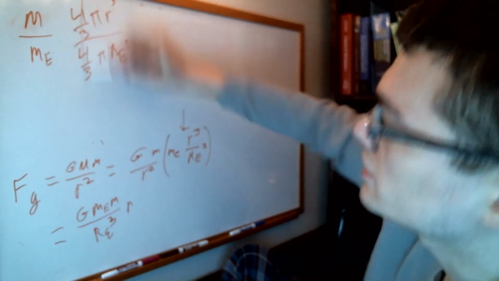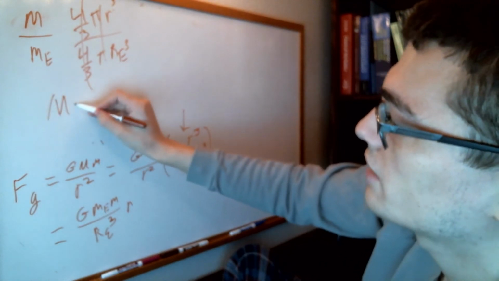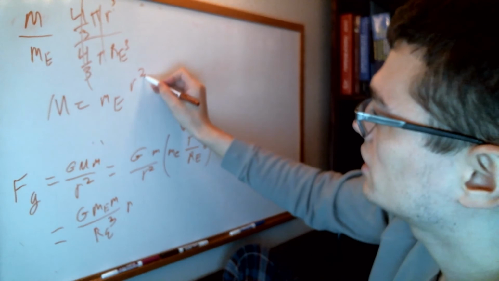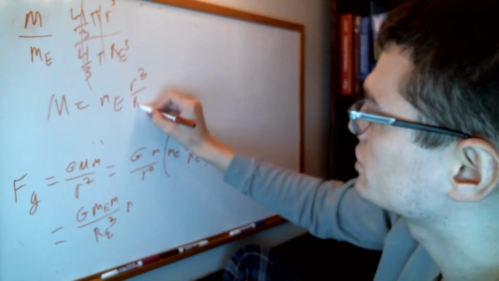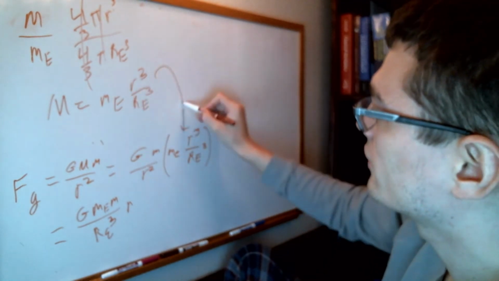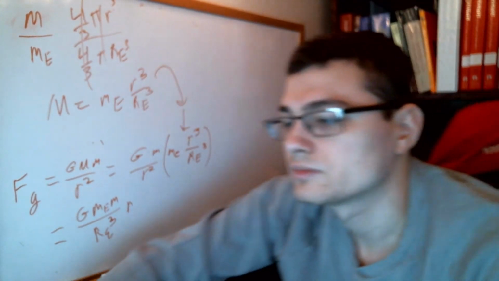And then obviously these factors cancel out, and you get that m is going to be equal to m_e times the ratio of these volumes. And that's how we get this here.